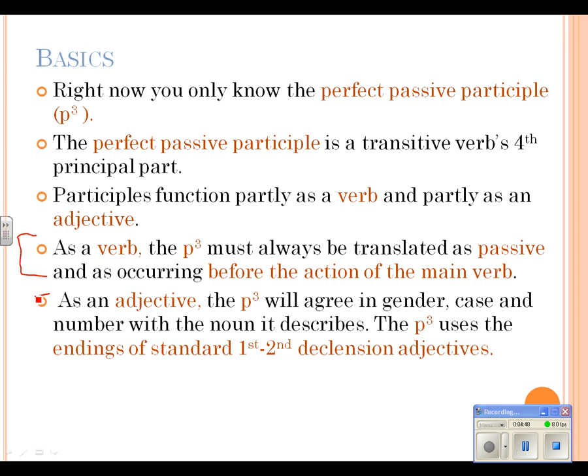So, second point worth emphasizing, although this is not really as new as it might seem. When a P cubed is used as an adjective, it must agree in gender, case, and number with the word that it is describing. That word will usually be a noun. Sometimes it will be a pronoun.